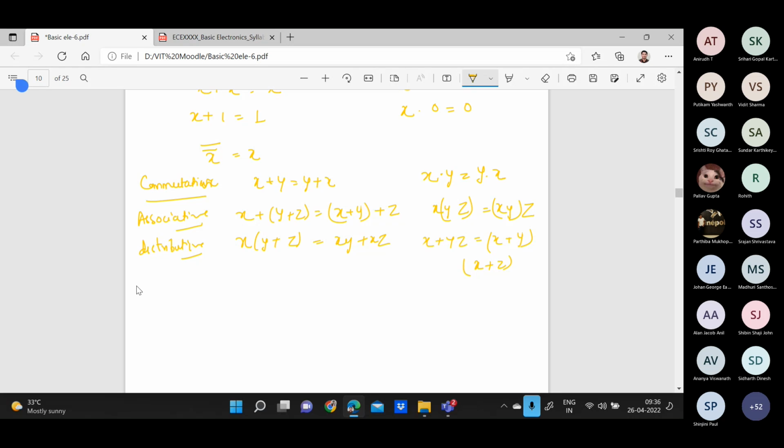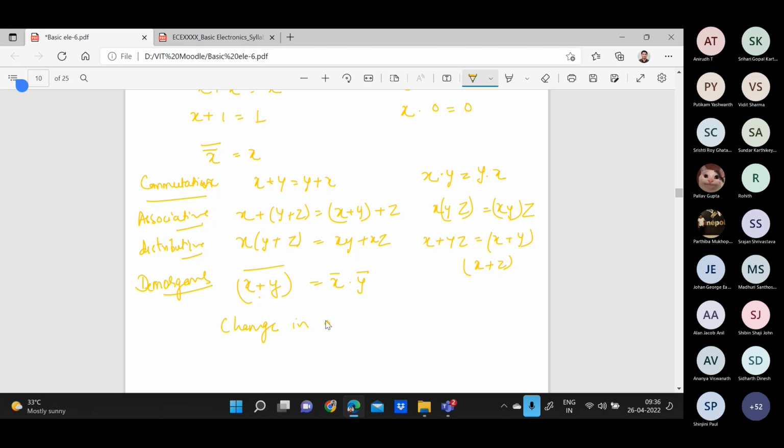Now the De Morgan's theorem, which is important. De Morgan's theorem says X plus Y the whole bar is equal to X bar dot Y bar. That means complement of each literal and also a change in operator. Okay, I will explain in detail after this.